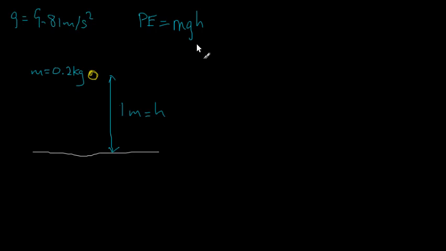So we know how to find potential energy, and we know the meaning of that: the formula is mgh. And we also know what happens when we drop the ball.